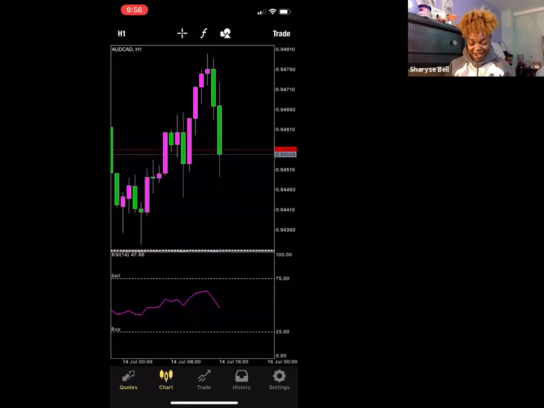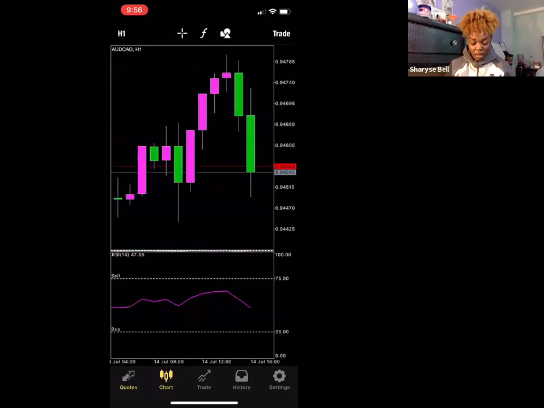So now we have our charts page, and what these are called, these are candlesticks, okay? And what these candlesticks are, they're basically showing you how the market is moving per whatever time frame you're currently sitting on. Now, what do I mean by per time frame, right?